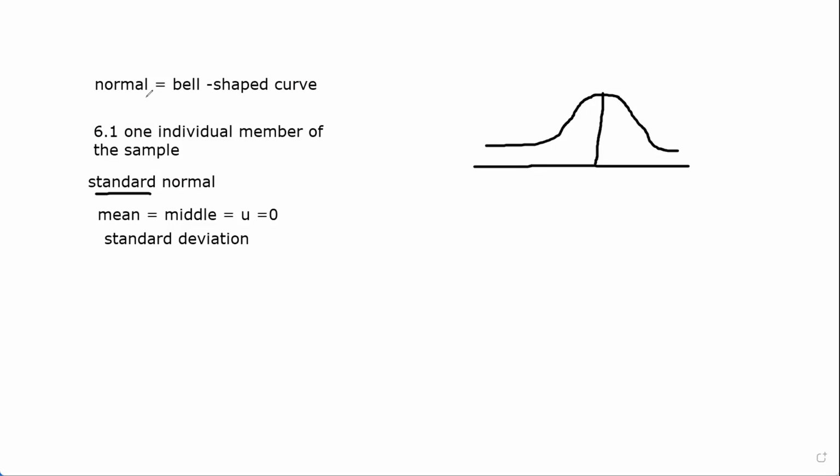The standard normal curve means that you're dealing with a curve where the mean is 0 and the standard deviation, sigma, is 1. That's what we're dealing with.